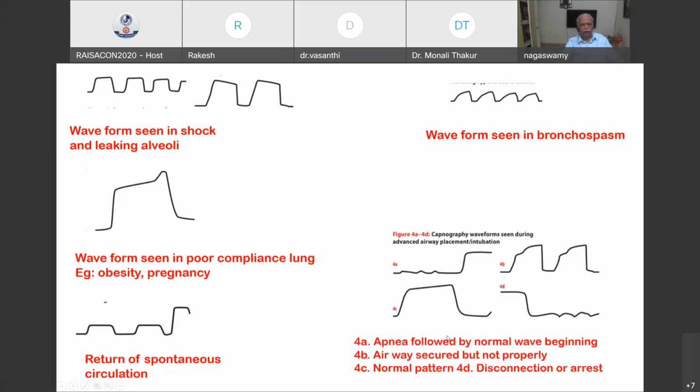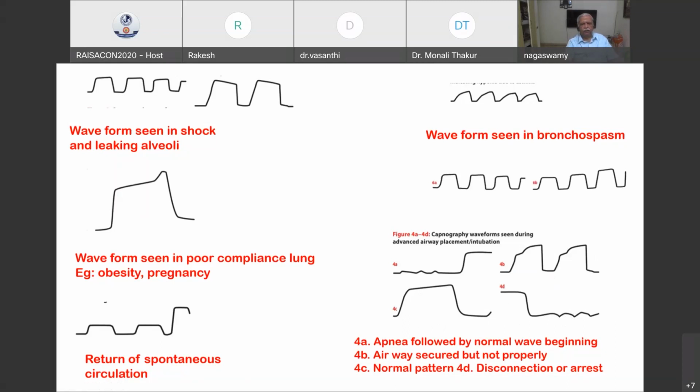In 4B, the airway has been secured, but not properly. Some leak is there, so the normal tracing is not coming. In 4C, it is a normal waveform. In 4D, after a normal waveform, suddenly it again goes to an apnea pattern, which is either arrest or a disconnection. So the tube is not properly connected, or the patient is arrested and there is no waveform because there is no flow.